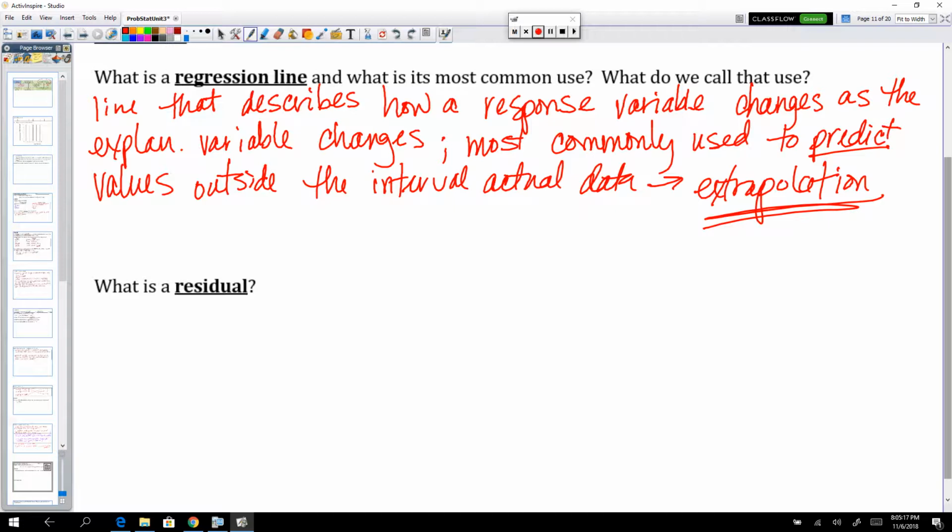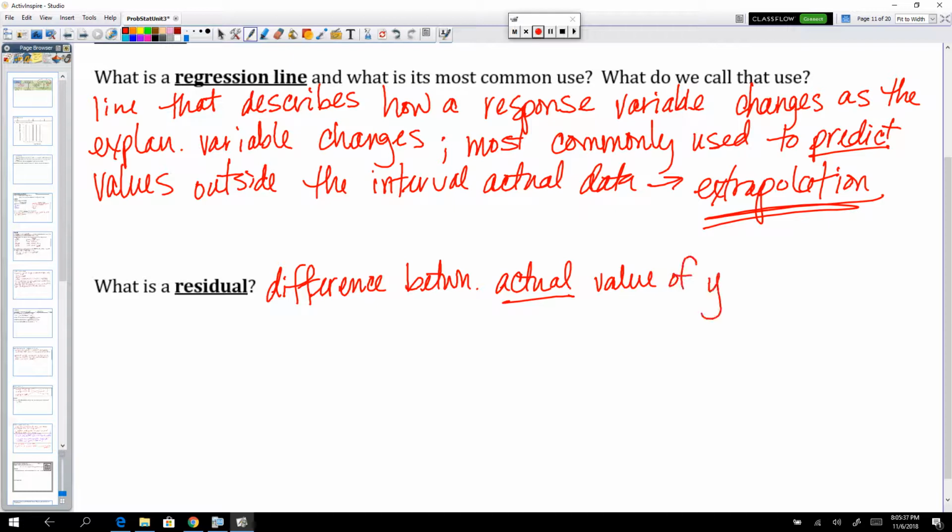Now, residual. If you've reviewed the text, hopefully you've come to the conclusion that a residual is the difference between actual value of y, or response variable, and predicted value of y.